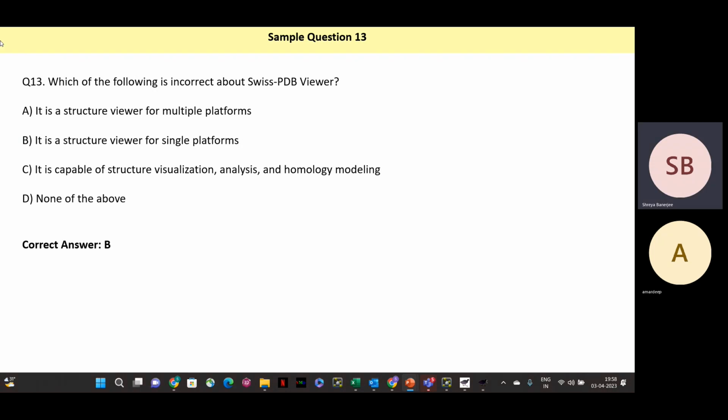So the correct answer is B. It is a structure viewer for multiple platforms because it can view different formats like PDB zip format, and it is used for structural visualization, analysis, and homology modeling. So the incorrect option is B.